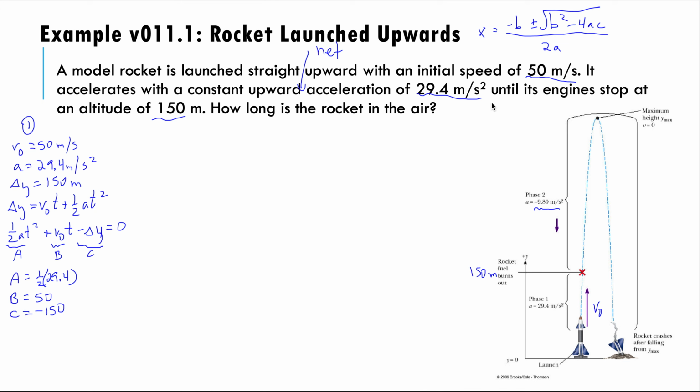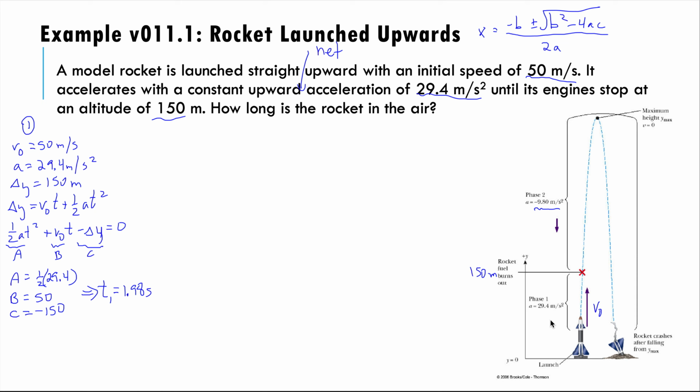Plug these three values into the quadratic formula, and that will give you the time. It will give you two times, but the positive one is the one that matters, since time cannot be negative. So the positive time that we get is 1.98 seconds. I'll call that t1, the time for the first phase.